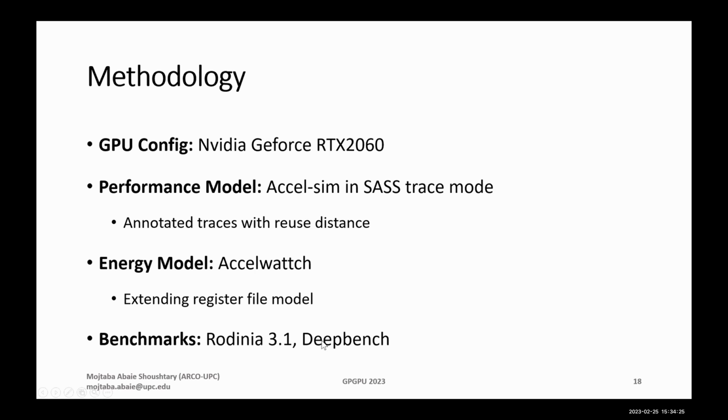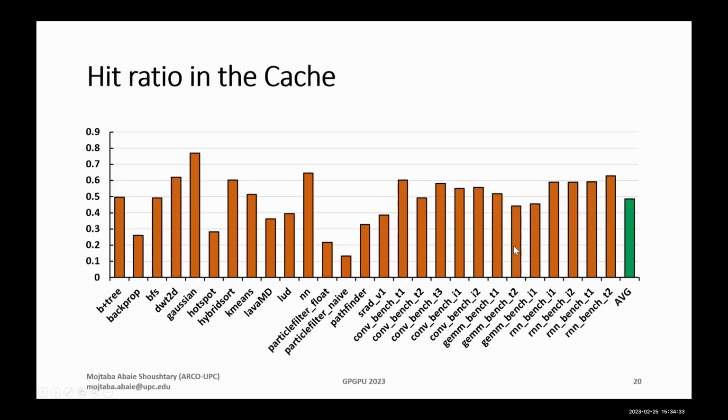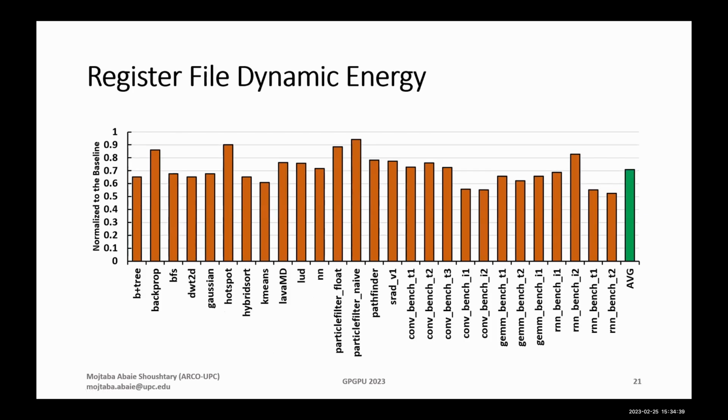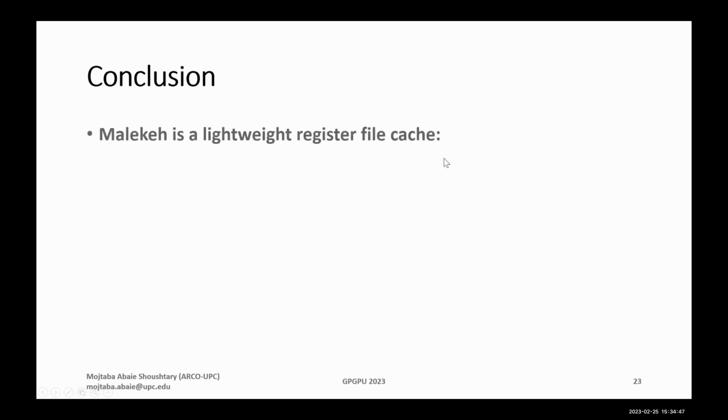For the benchmarks, we have Rodinia and DeepBench. Our evaluation shows a 10% improvement in the IPC and about 50% hit ratio improvement. And for the dynamic energy, we could save about 30% of the energy.